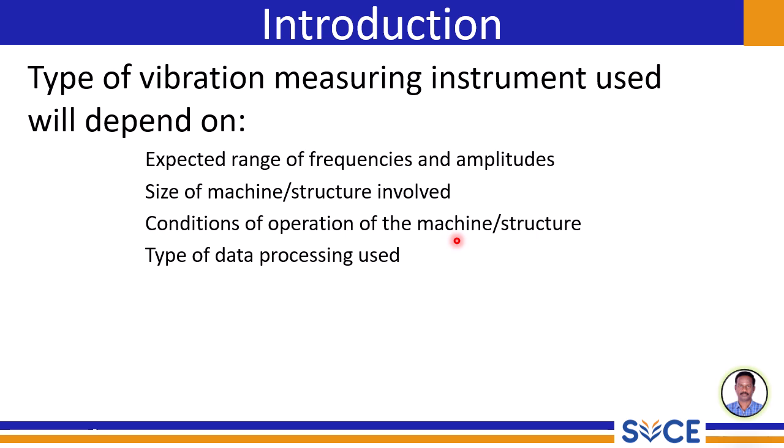The third condition is the operating environment of the machine or structure, which is a very significant factor. Extreme temperatures, humidities, presence of corrosive substances, or even high levels of electromagnetic interference can necessitate the use of specialized transducers and instruments that are designed to withstand these challenging environments.